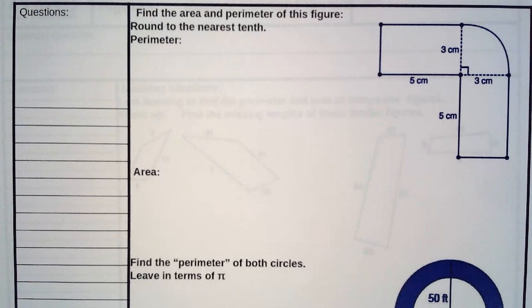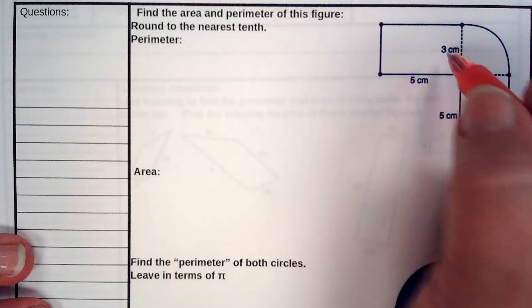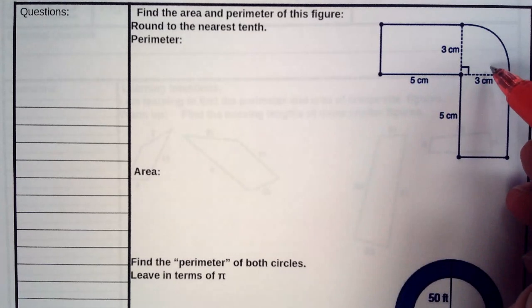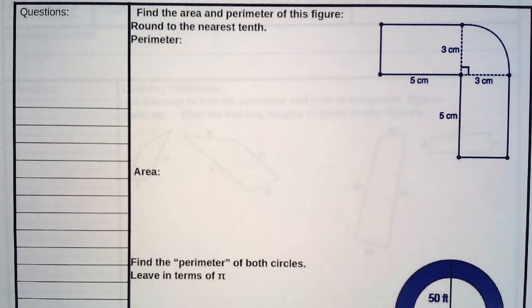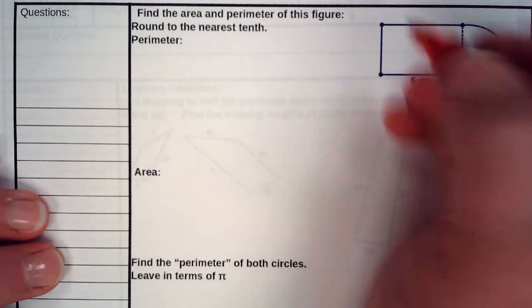Now this one's interesting. We've got a rectangle, and part of a circle. How do we find that? What are the pieces we can put in because we know that they're going to be equivalent?